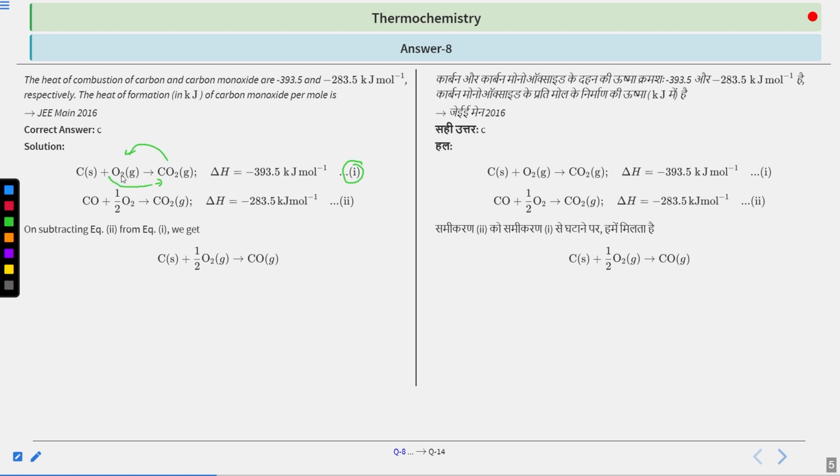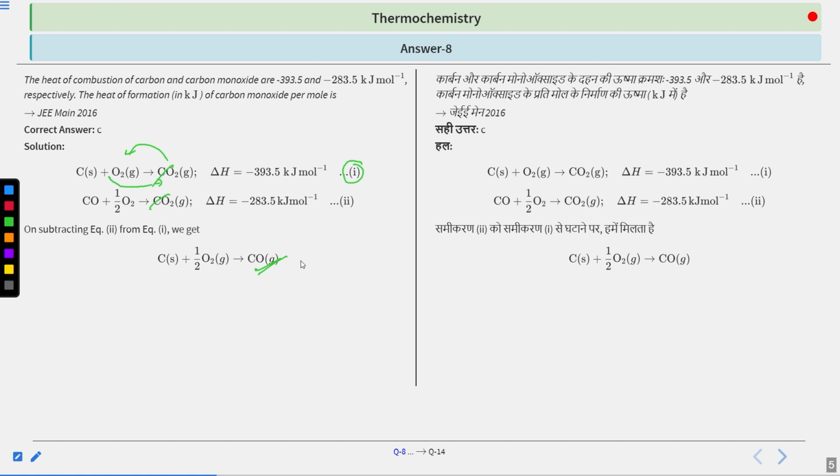Keeping that in mind, we subtract 1 minus half, which will give you half O2. And second, CO2 and CO2 will get cancelled out. This is very simple to understand: CO2 is getting cancelled out because we are subtracting equation 1 from 2. Which will bring you to this equation.